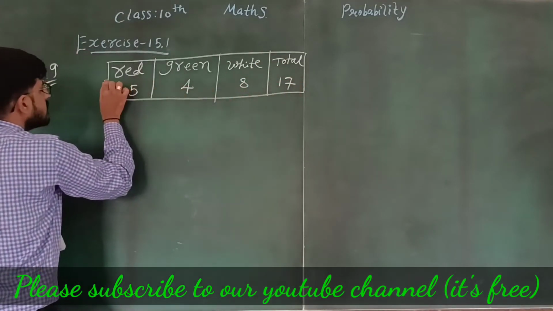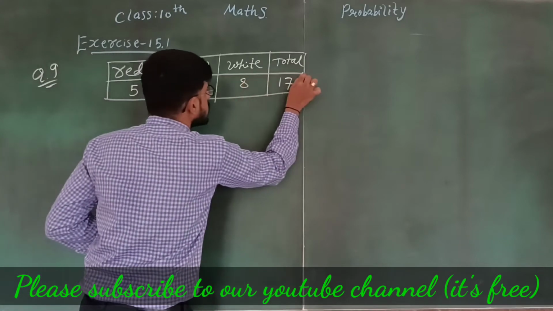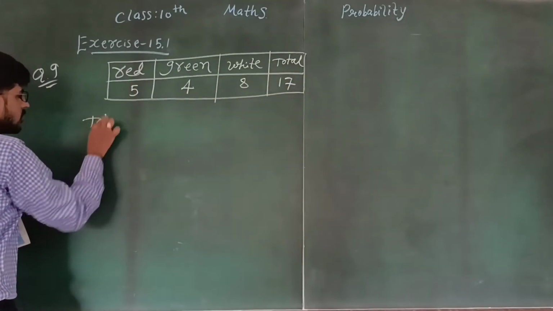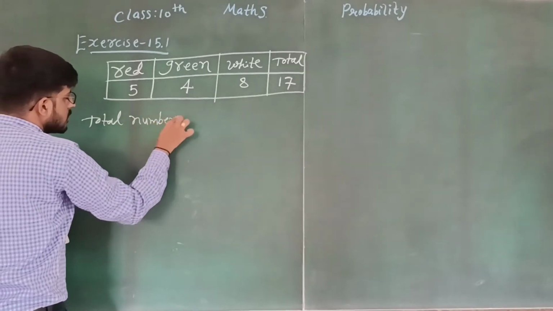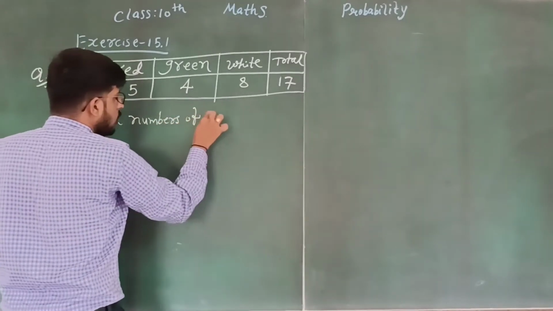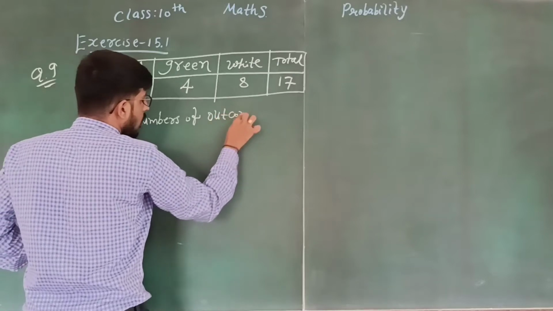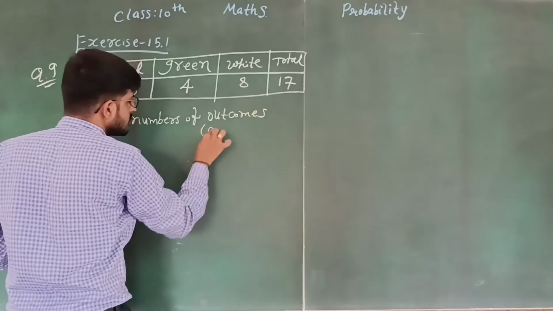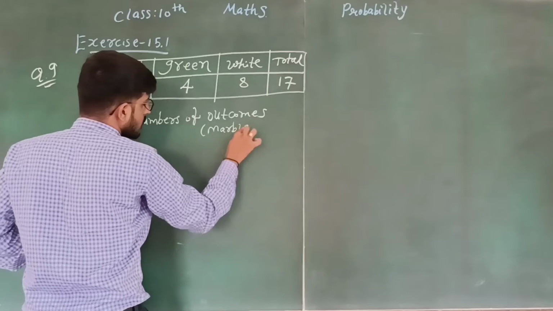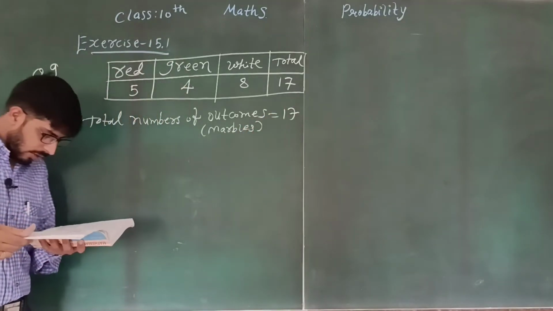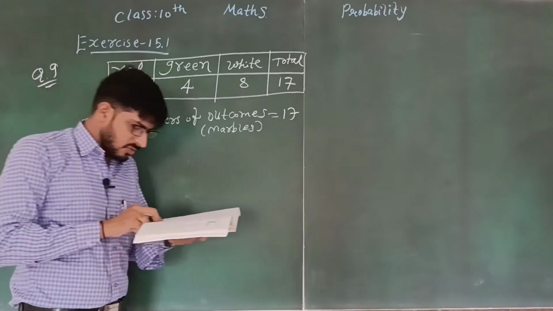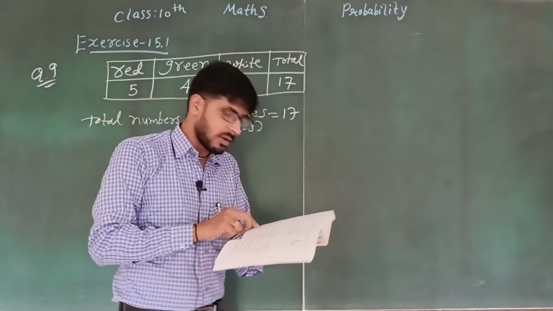So the total number of outcomes, or marbles, is equal to 17.